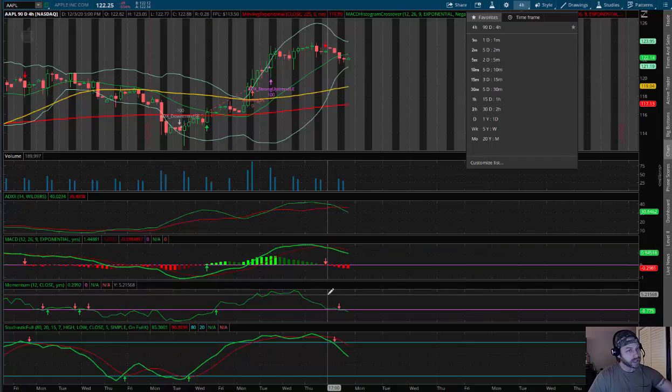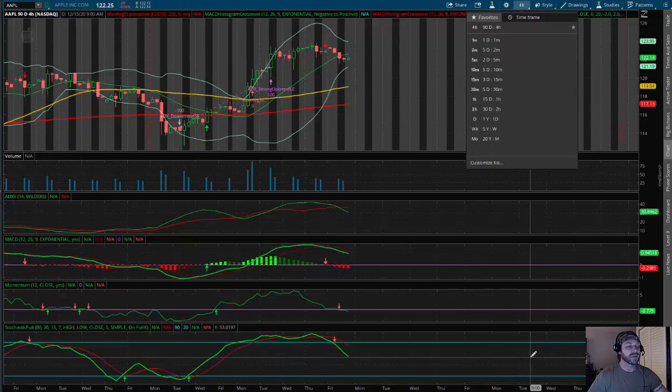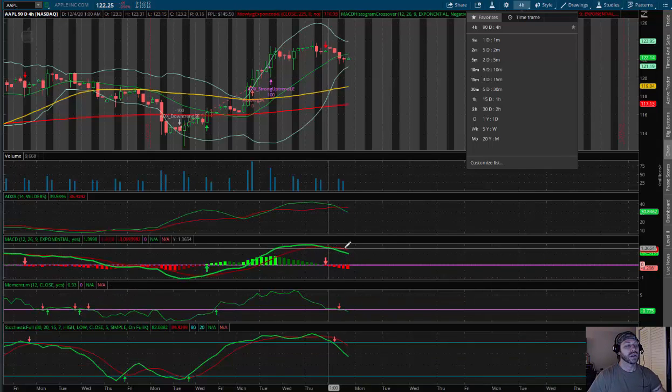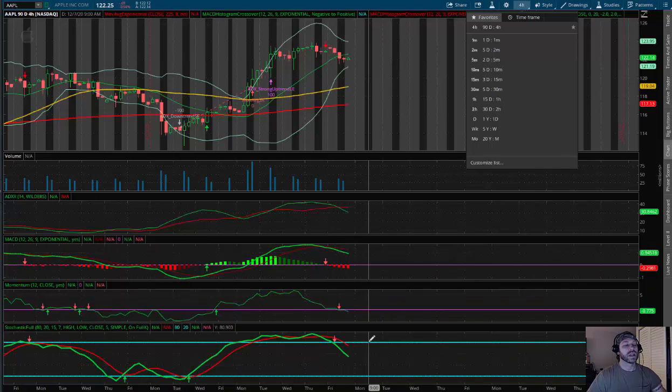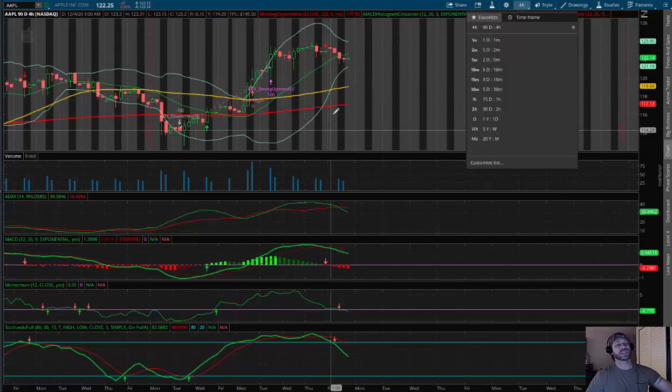And now your stochastic has crossed over to the downside as well, but it's still above kind of like this mid-range, so it could bounce back at any moment. These are all very shallow and close to a positive indicator, so we don't really want to mess with them.